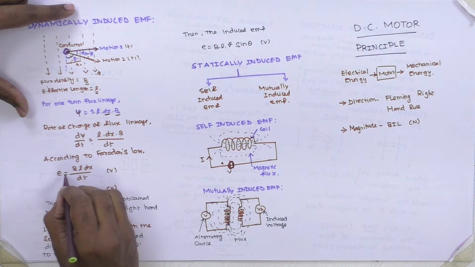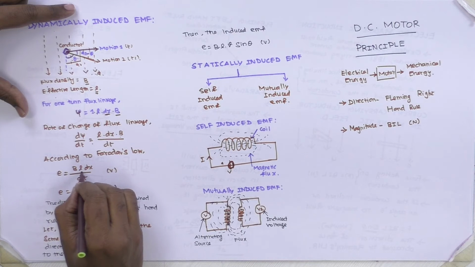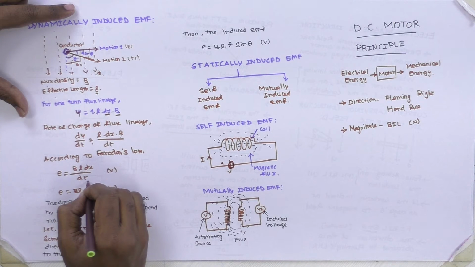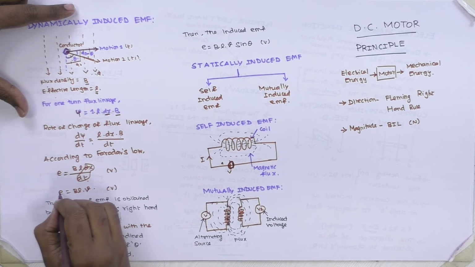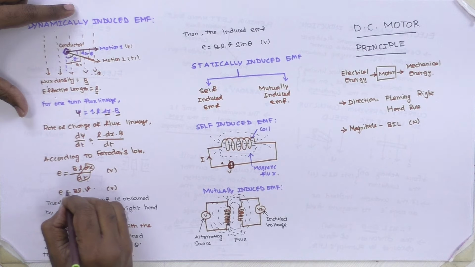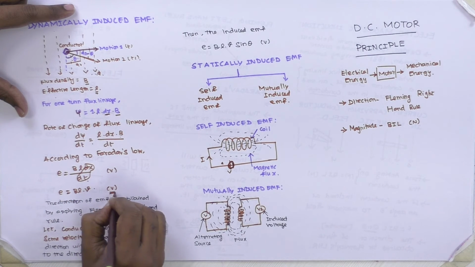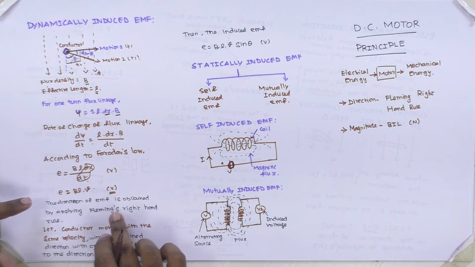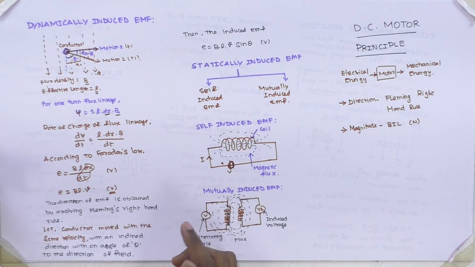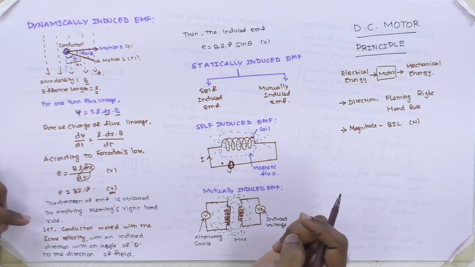So we can write E equal to BL dx by dt. Here dx is a distance, so dx by dt is the velocity. So the induced EMF E is equal to BLV, and the unit is volts. The direction of the EMF is obtained by applying the Fleming right hand rule.